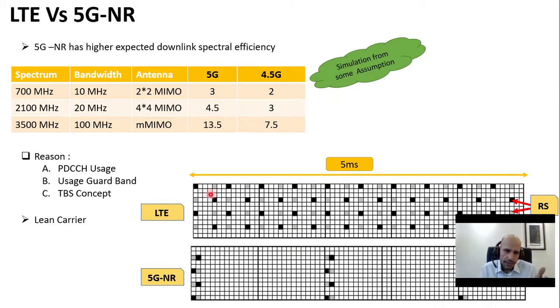You can see in this picture that CRS is always transmitted in the LTE frames, but in 5G NR it is not mandatory to transmit always. And in 5G, user-specific DMRS is used, which means each user will have its own RS within its allocation. If there is no allocation, there is no RS.